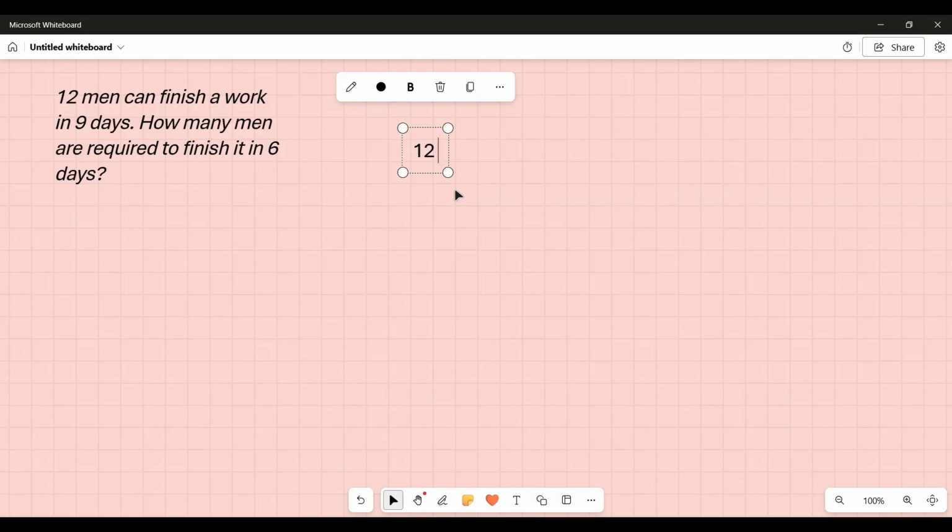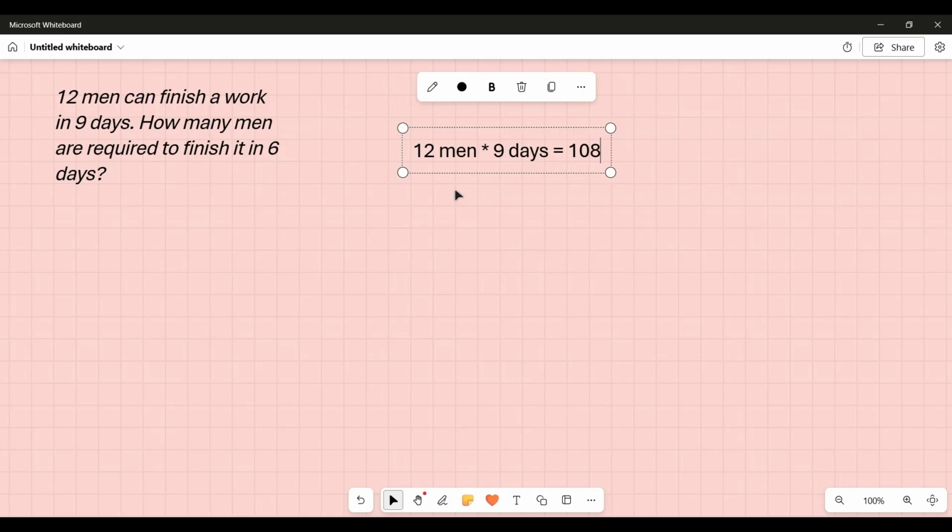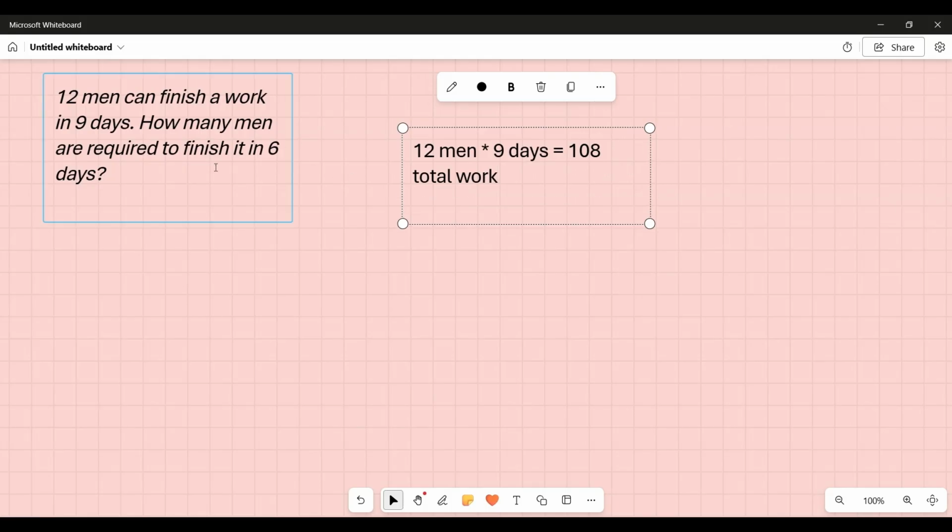So 12 men into how many days they required to complete the work? 9 days. So it comes out to be 108. It is the total work. Now, how many men are required to finish it in 6 days?